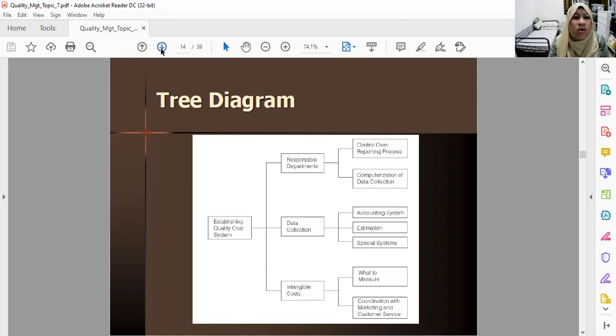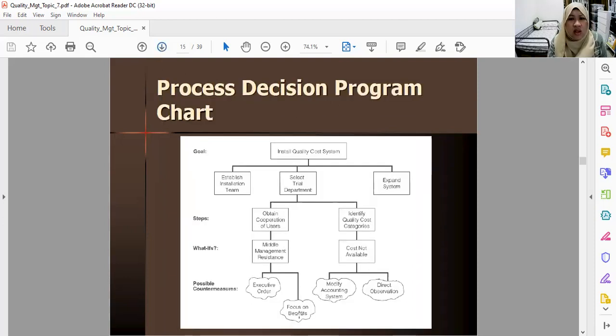All right, so we are moving on to the process decision program chart. This is something like your hierarchy chart. They have installing the quality control system, establishing the installation team, selecting the trial department, who does the R&D, research and development, the prototype department, and the expense system. Then what is the step? Obtain the cooperation of the user, and identify the quality cost categories.